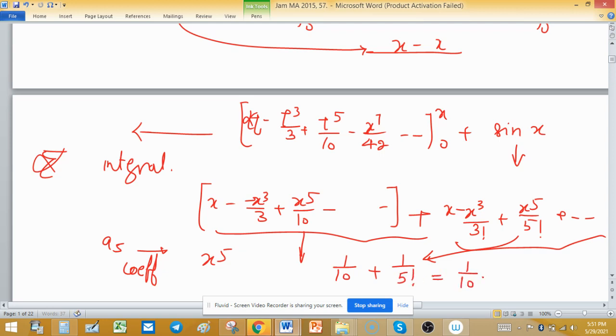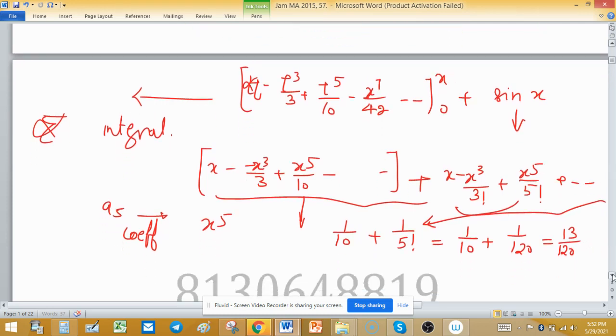Solving this expression, 1 upon 10 plus 1 upon 120 is equal to 13 upon 120.